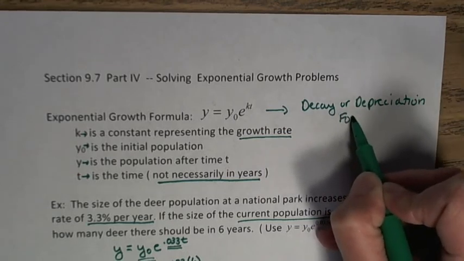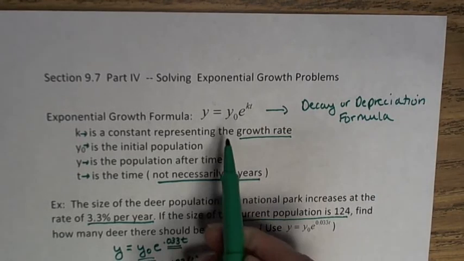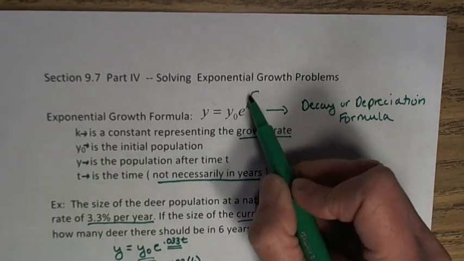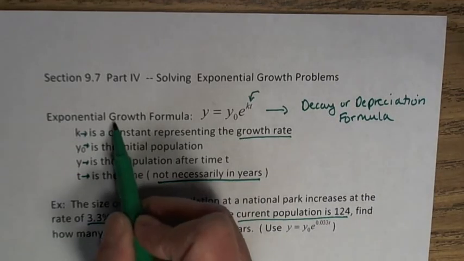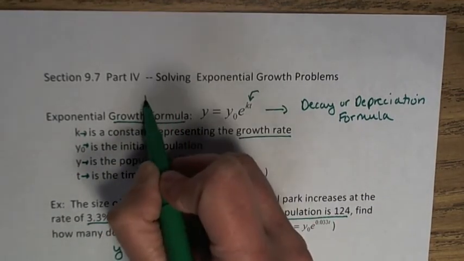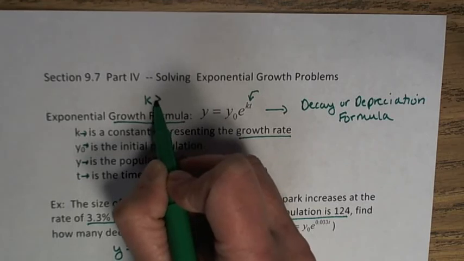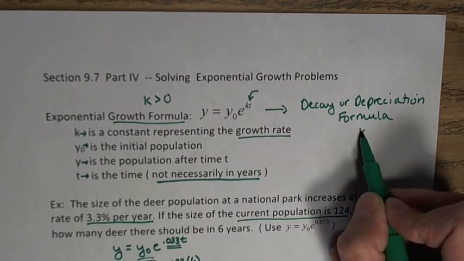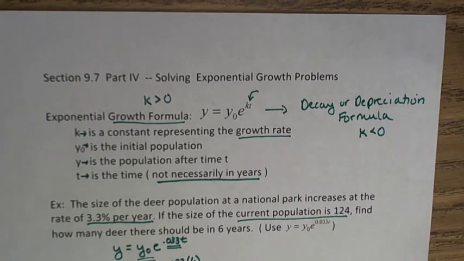And in fact, I would not need to change this formula at all. The only thing that would be different would be K. When you're looking at a growth formula, then your K is always greater than 0. When you're looking at a depreciation formula, your K is less than 0.